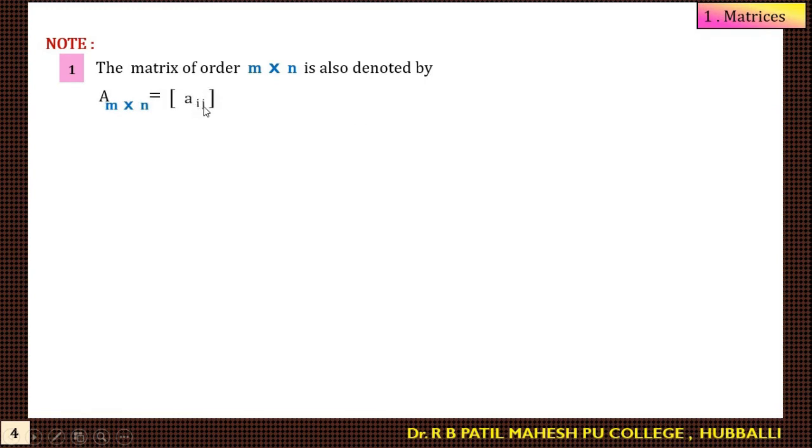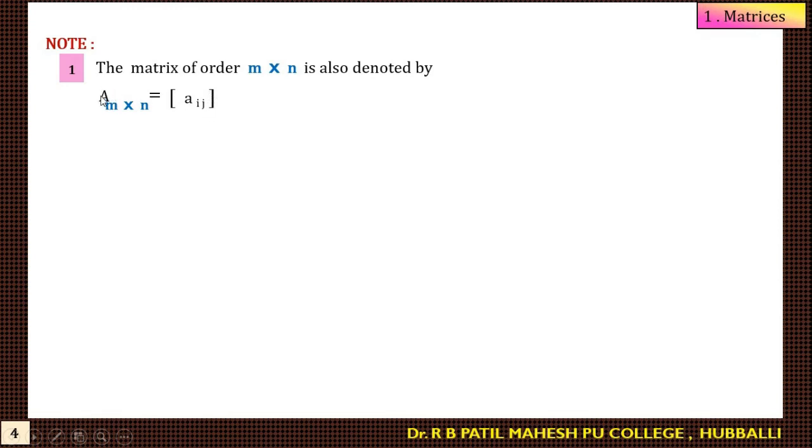Now remember some important points. Note the first one: the matrix of order m cross n is also denoted by A m cross n is equal to square bracket Aij. So now this becomes a general matrix. This is another way of representing a matrix.